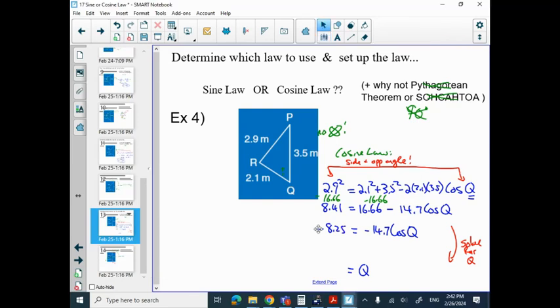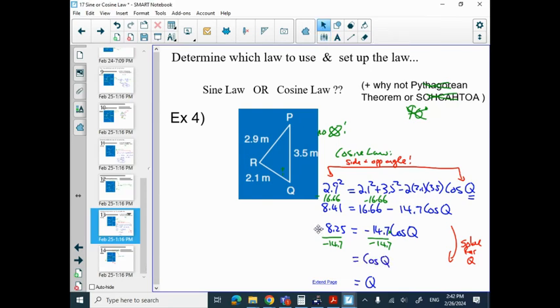And so now we're going to divide. That's understood to be a multiplication there, so we're going to divide both sides by negative 14.7. That is for now just going to give us what cos of Q is.